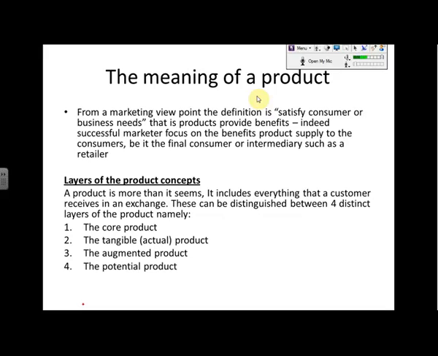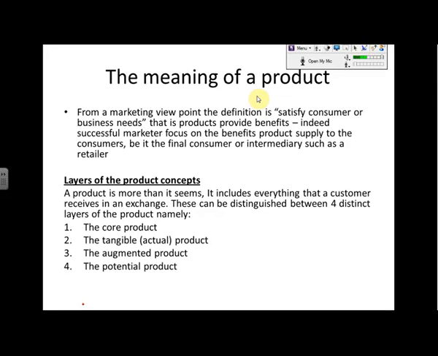That is, products provide benefits. Indeed, successful marketers focus on the benefits of a product they supply to the consumers, be it the final consumer or an intermediary, such as a retailer.